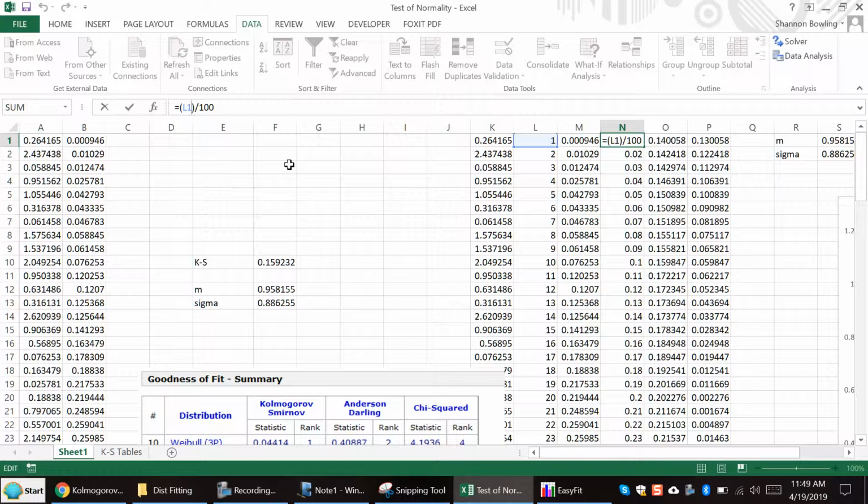That's the right way. In the software EasyFit, and it took me a long time to figure this out, by the way, they don't do that, all right? They just simply go with the rank divided by the data count. Because I'm doing this and I'm getting answers that are very close, but I know that they're not just a rounding error.